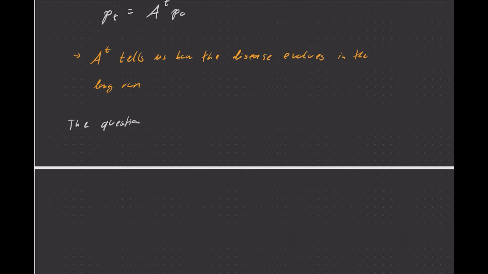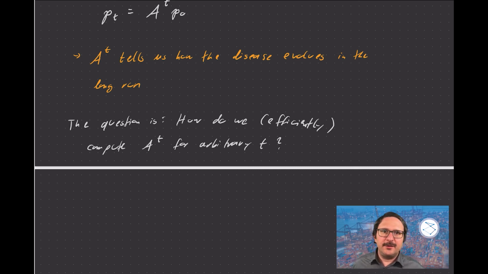So the question is, how do we efficiently, of course, compute A to the power of t for arbitrary t? And even better, we'd like to say something about A to the power of t as t goes to infinity.